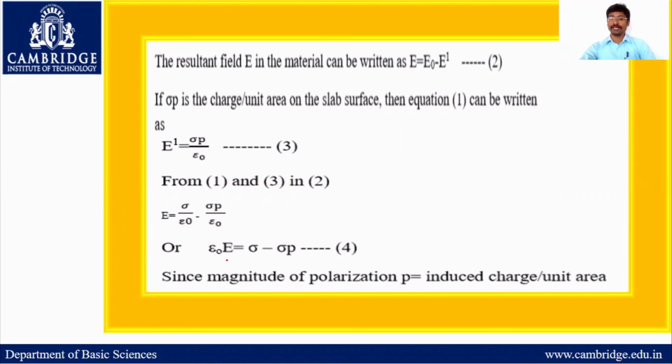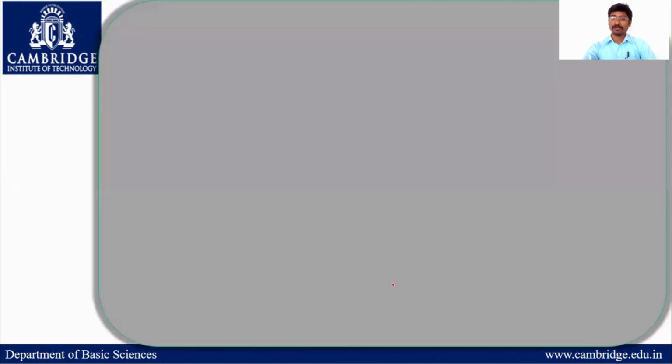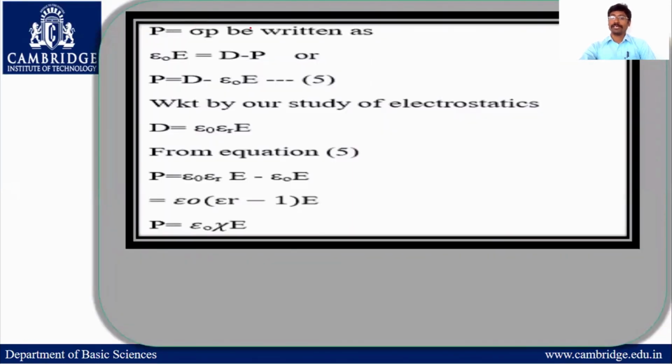Cross multiplying, epsilon naught into E equals sigma minus sigma P. Since the magnitude of polarization P is the induced charge per unit area, sigma P can be written as P, so epsilon naught into E equals D minus P, or P equals D minus epsilon naught into E.